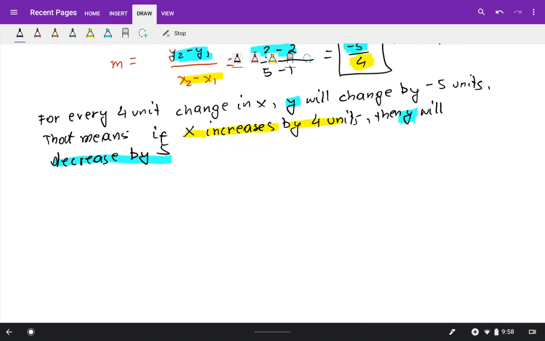So let me give you that information. Types of slopes.